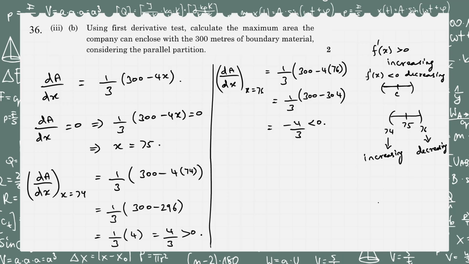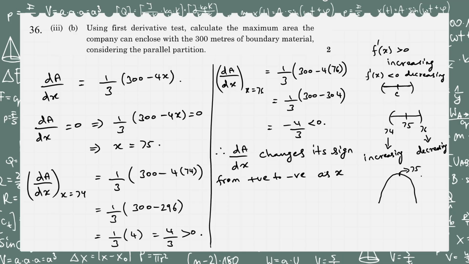So the curve should be something like that, increasing like this and decreasing. So the peak point obtained when this happens at the point 75 will give you 75 as a maximum point. So therefore you have to write like that, dA by dx changes its sign from positive to negative as x passes through x equal to 75 from left to right.